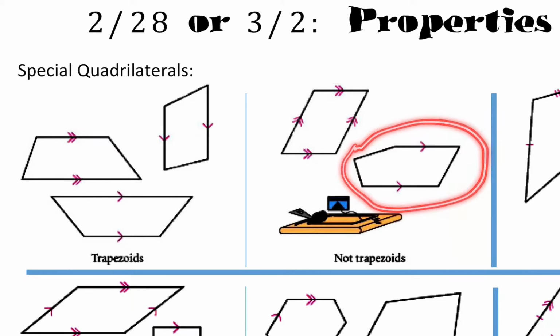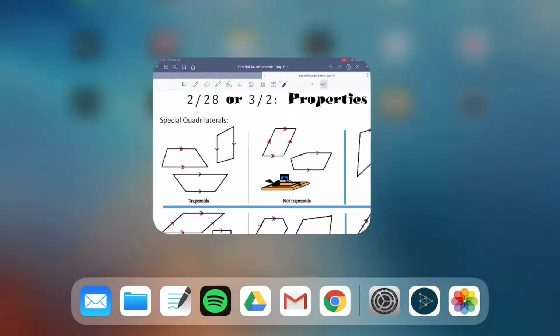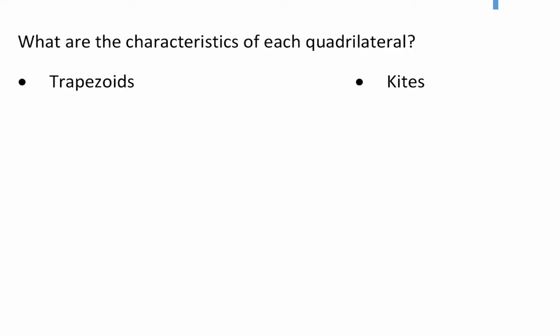This one, it's not even a quadrilateral. Five sides in that figure, so it cannot be a trapezoid, even though it has one pair of parallel sides. And this one, well, that's a mousetrap, not a trapezoid. So if we look down below here, what are the characteristics of each quadrilateral?